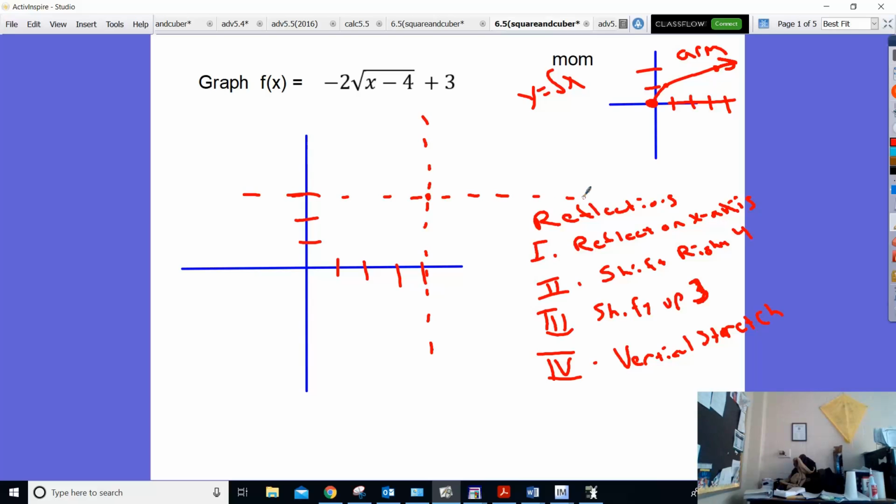That's the new origin. That's where the child is centered. That also is going to help you make your little table. This thing's centered right here at 4, 3.